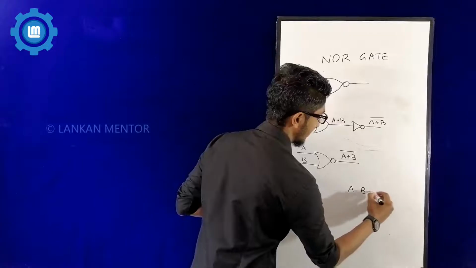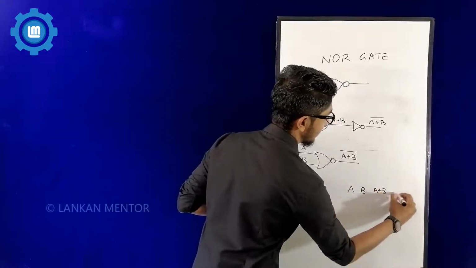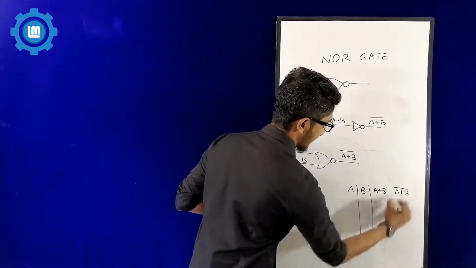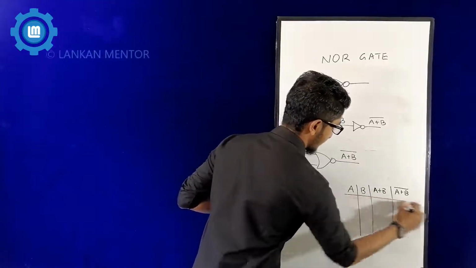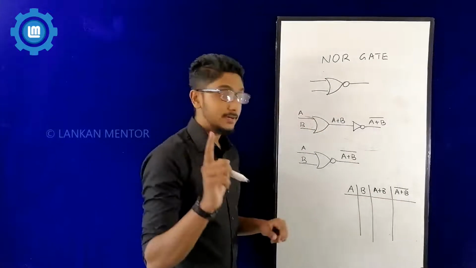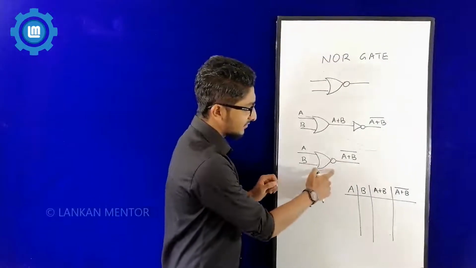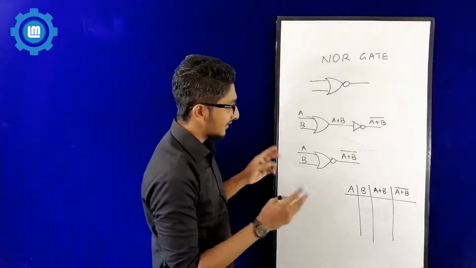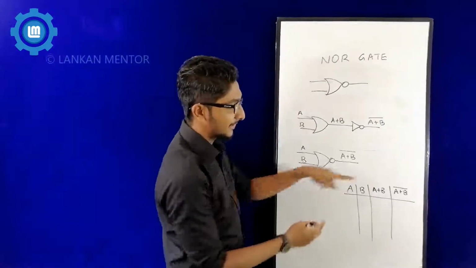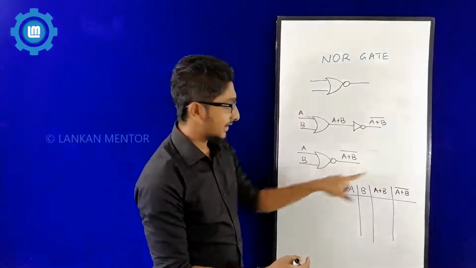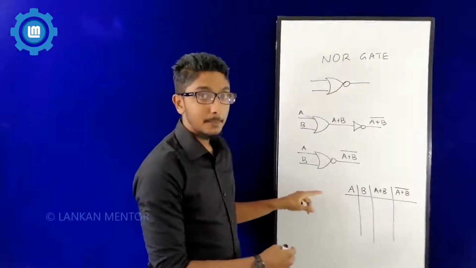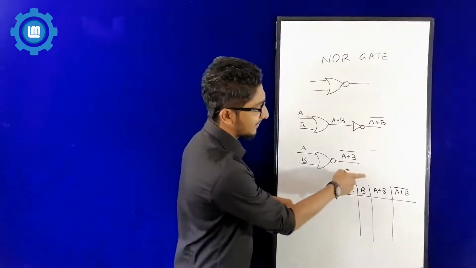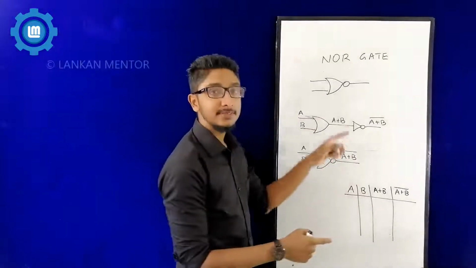A, B, (A plus B) bar. Now remember this, when you are using one of the NOR gates, you don't have A plus B separately. There is no A plus B separately, but it is good practice to write A plus B first and then (A plus B) bar.